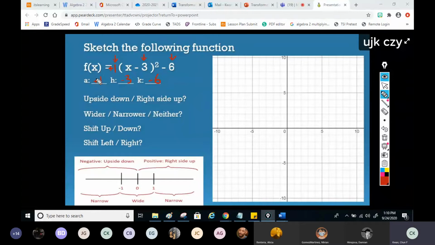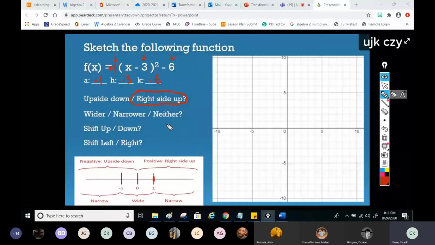All right, so let's look at the A. The A is +1, which means on the number line, it's going to be right here. So a positive number means the thing is going to be right side up. And then is it wide, narrow, or neither?